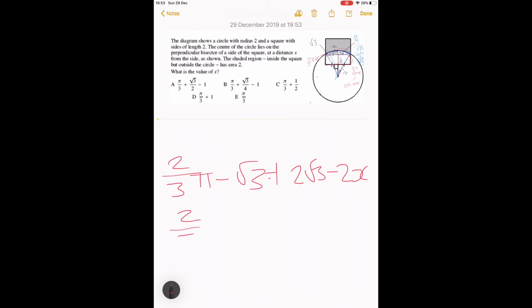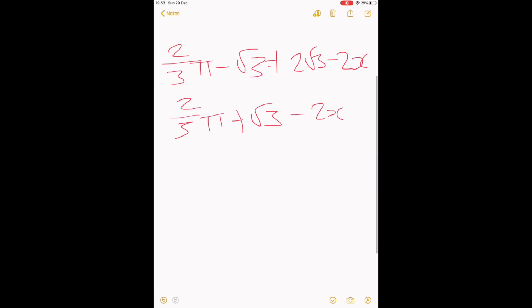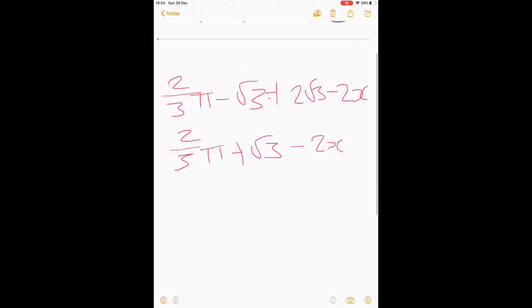So you have 2 over 3 pi plus root 3 minus 2x. So now all our like terms have been added up. That becomes the area of our white space inside the square.